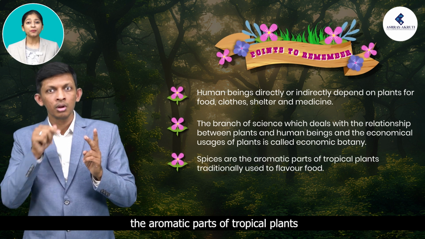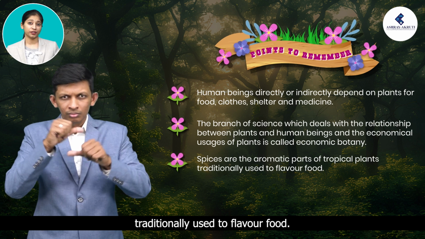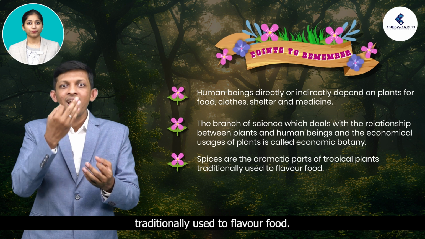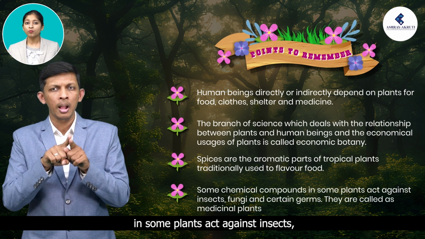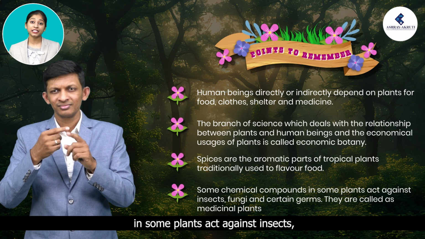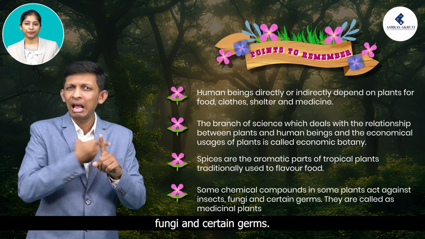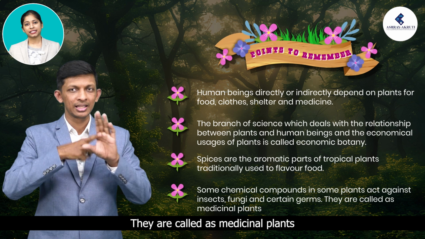Spices are the aromatic parts of tropical plants traditionally used to flavor food. Some chemical compounds in plants act against insects, fungi, and certain germs. They are called medicinal plants.